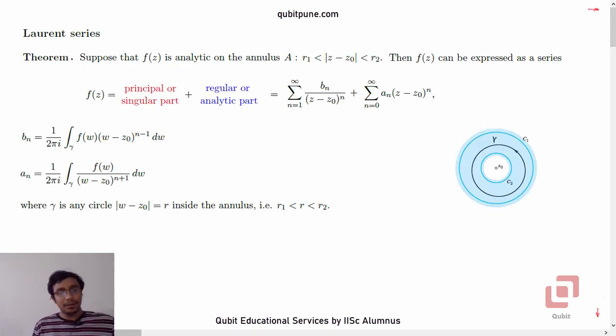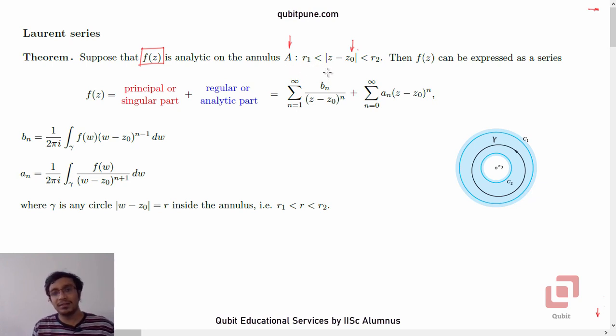Let us start discussing the Laurent series. The theorem says the following. Suppose we have an analytic function f of z, and the region on which it is analytic is this annular region A. The center of the annulus is the complex number z naught, the outer boundary is given by the radius r2 and the inner boundary is given by the radius r1.